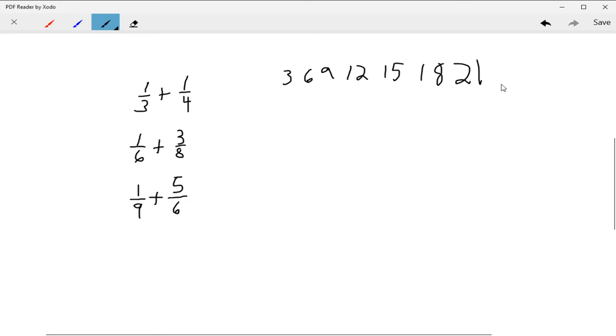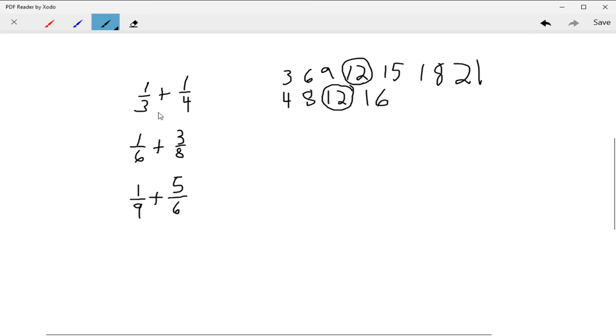Okay, so those are the first seven multiples of 3. Now let's go for 4: 4, 8, 12, 16, and right away we see that 12 is the least common multiple.